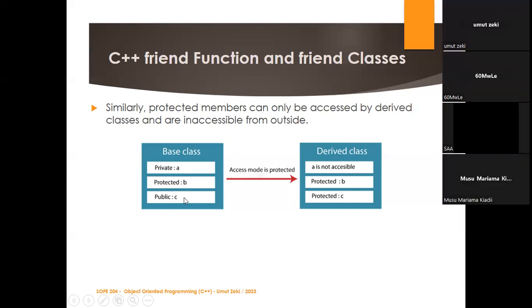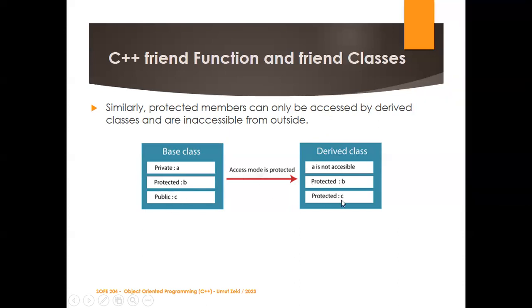And if it is public, it is accessible from everywhere and also from the derived class. So if it is not a derived class, we cannot access protected members from outside.